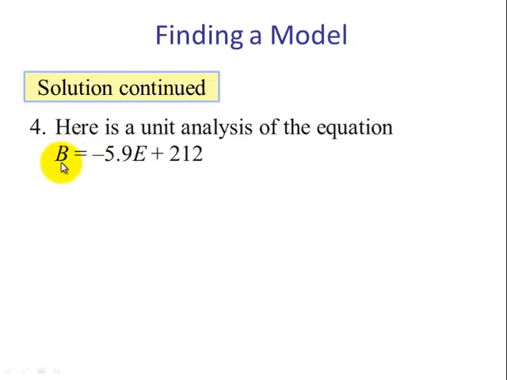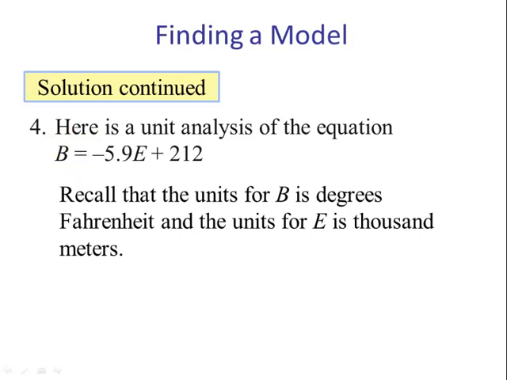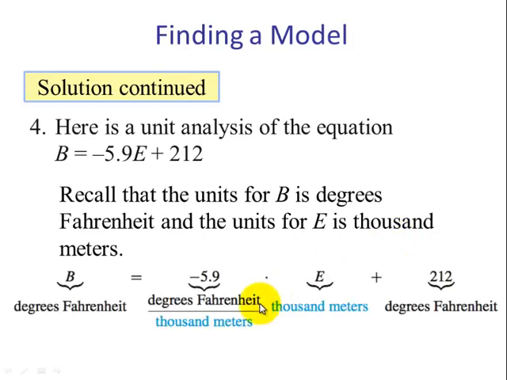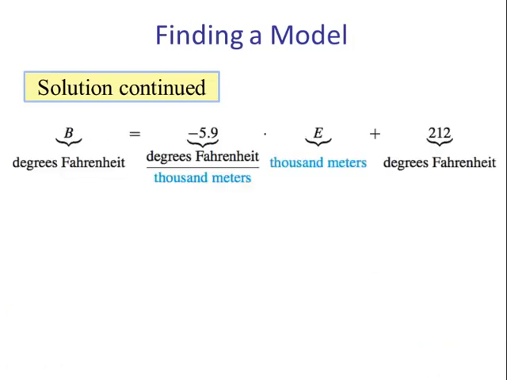Number 4, here's the unit analysis of the equation. The units for B is degrees Fahrenheit and the units for E is 1,000 meters. So we have B, which is degrees Fahrenheit. This is our slope, negative 5.9, which is degrees Fahrenheit per 1,000 meters. Our independent variable is 1,000 meters, and 212, the y-intercept, is degrees Fahrenheit.